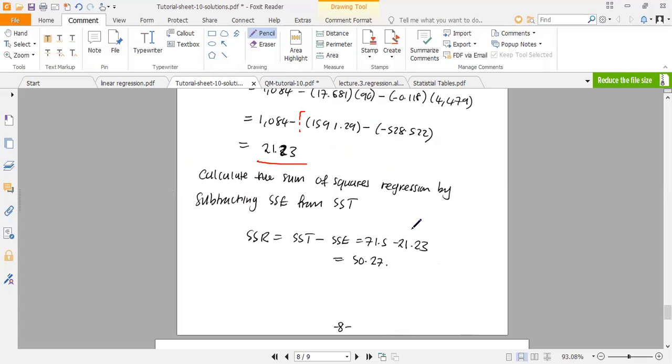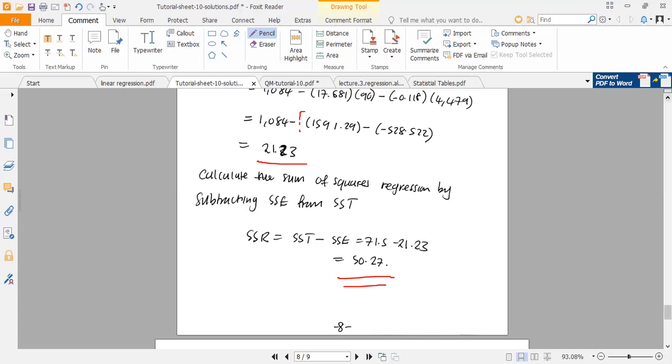When we discuss formulas, I'll have a class just to discuss formulas on their own. So sum of square total minus sum of square error is giving you sum of square regression. This is how we find it.